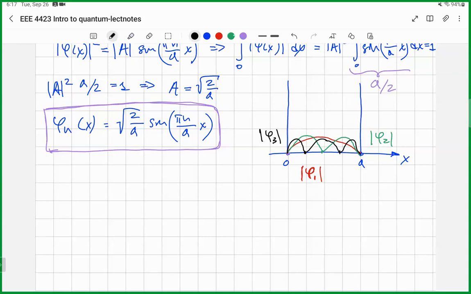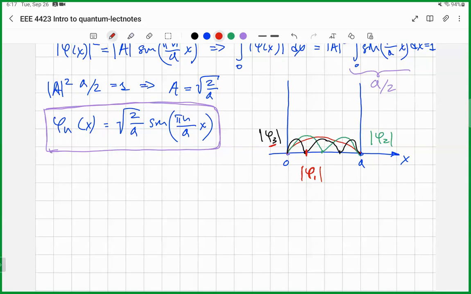For example, if you do the measurement and try to find the particle at this point, you cannot find the particle in the state 3, because it has 0 probability there. So the particle cannot be observed at that point.